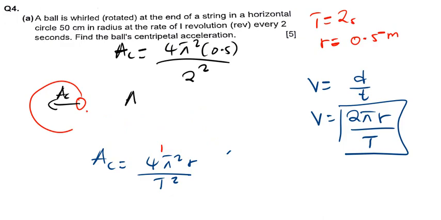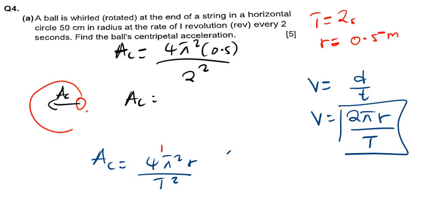The centripetal acceleration is going to be like this. We have 4.